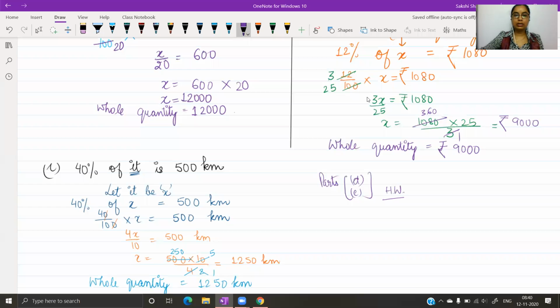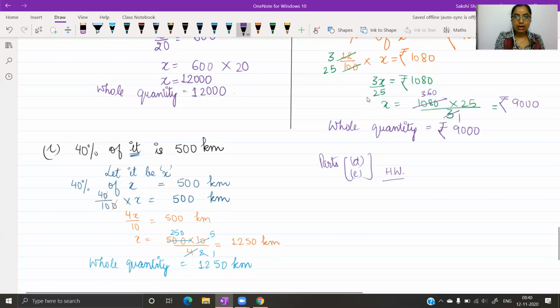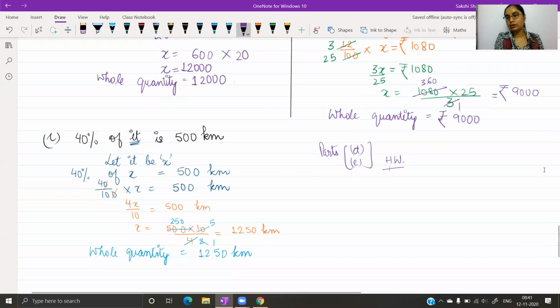I would like you to do the last two parts yourself. I will send the answers later in the group so that you can check your answers. All right, Bhavya has already solved. Very good.